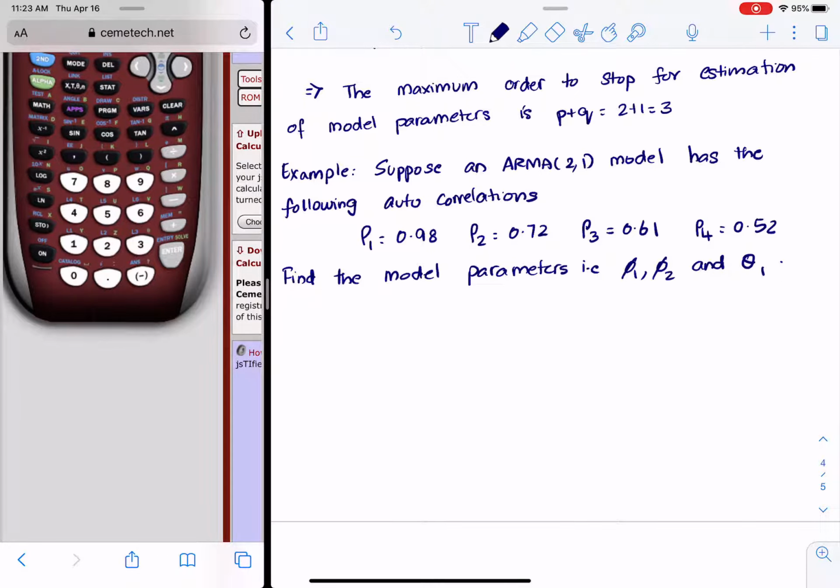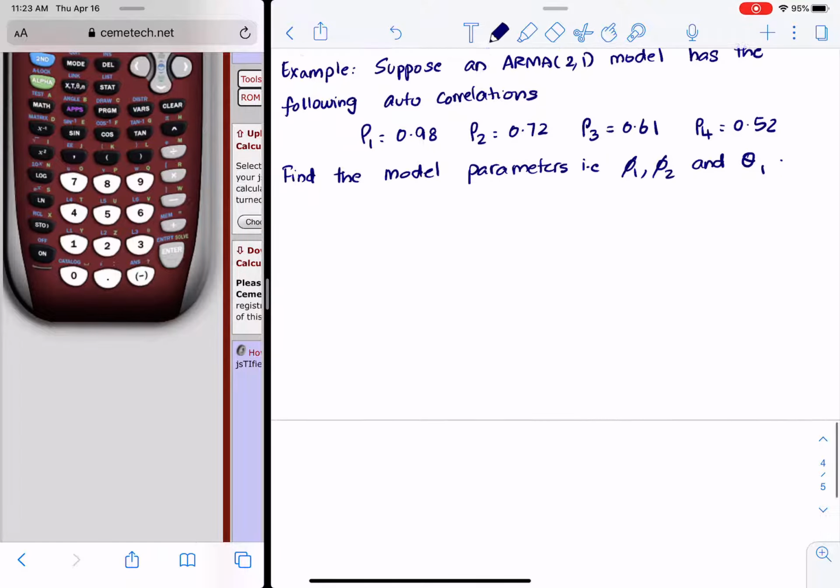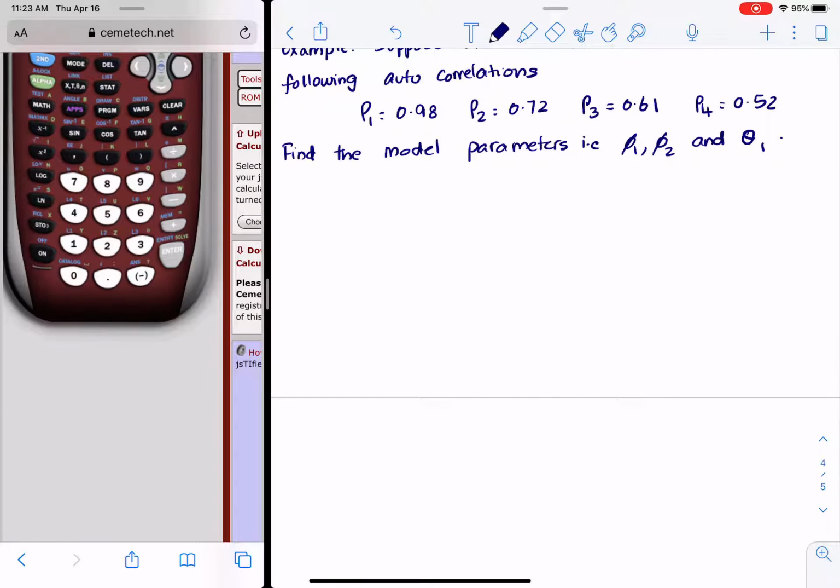We want to find phi1, phi2 and theta 1. So how would we go about doing this?